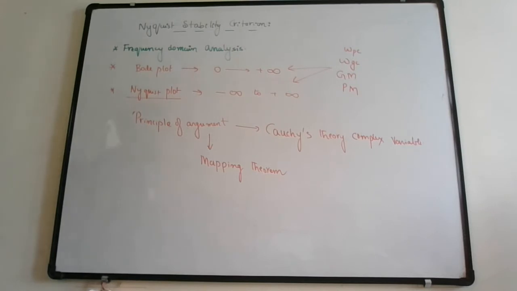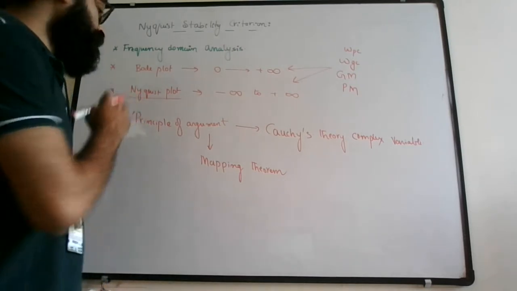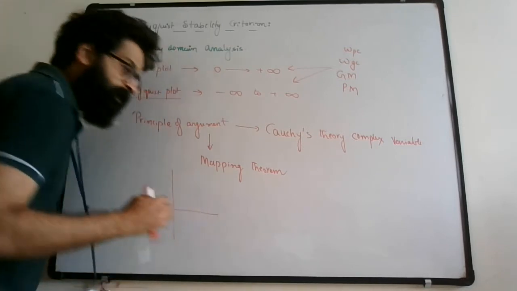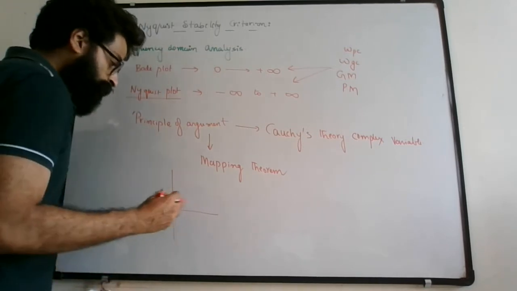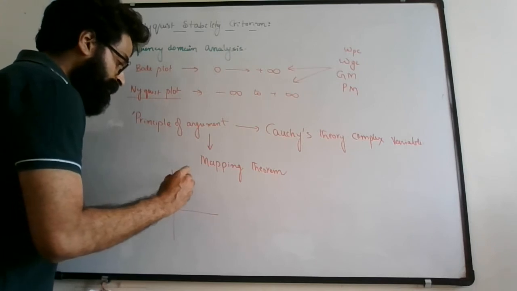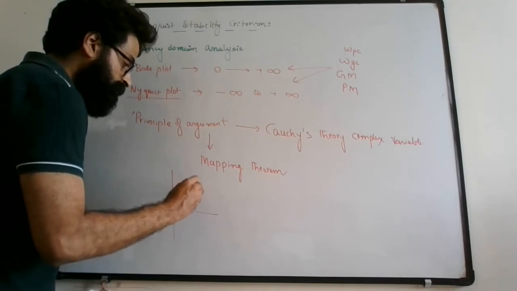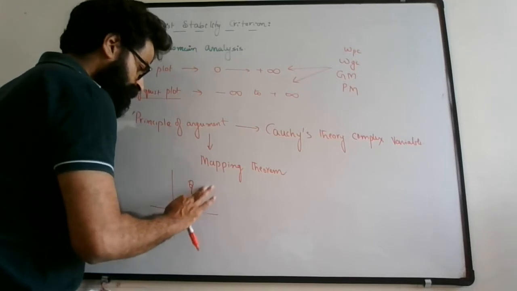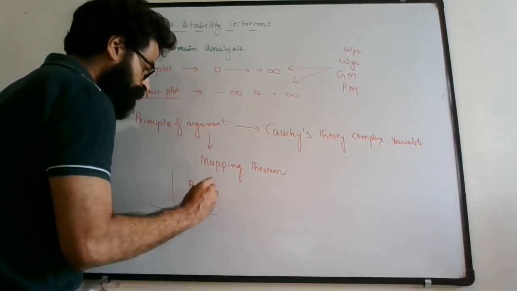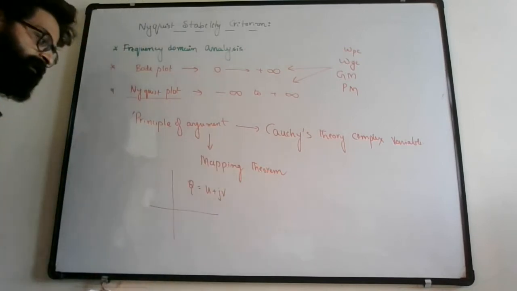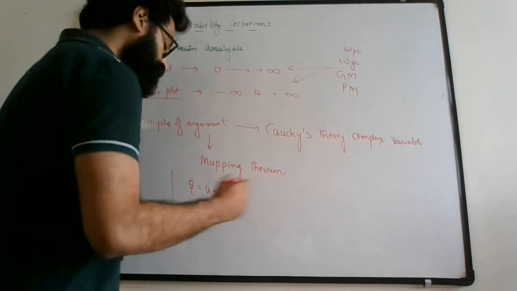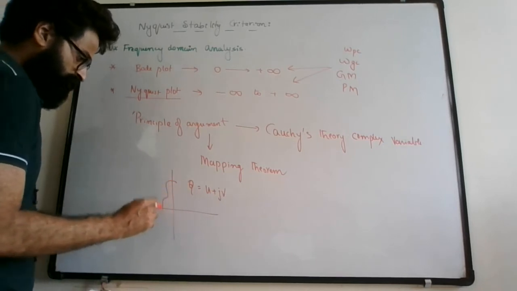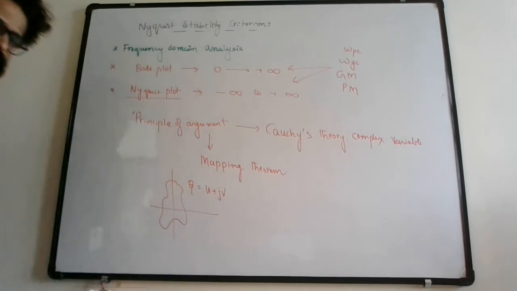So based on the mapping theorem, in Nyquist plot, what we do is we try to convert a given system, let's say the system is Q of s, or simply Q, equal to some u plus jv. You assume some random function over there.